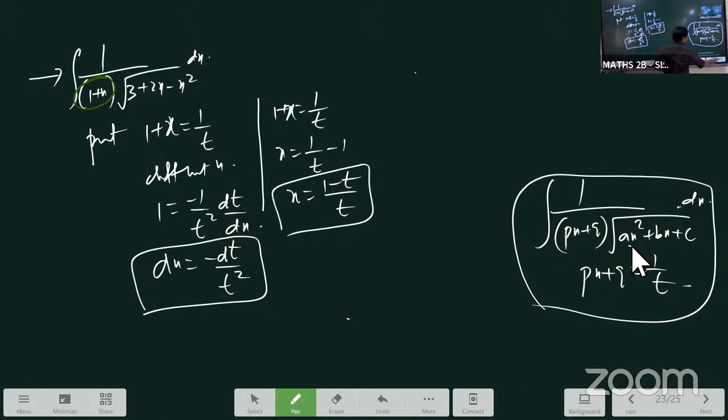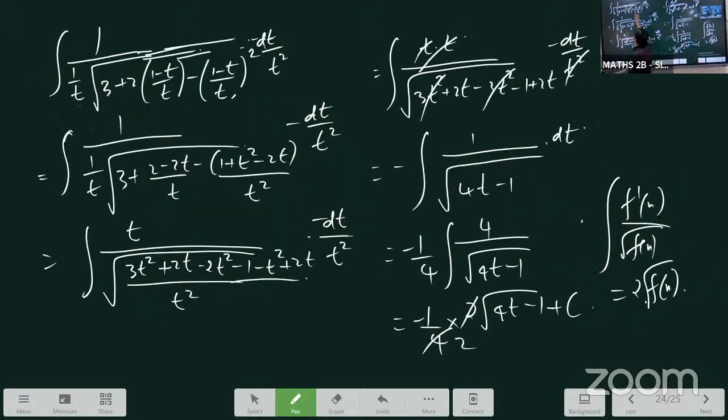Now replace everything there, and in simplification, you be careful, right? It is under root of, okay, now 3t square minus 3t square gets cancelled, you be sure, right?